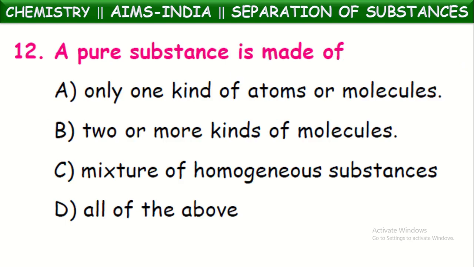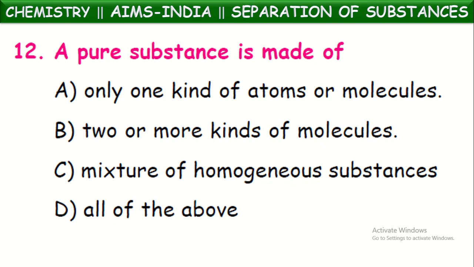See the next one. A pure substance is made of what? With only one kind of atoms or molecules. If it is an element, it will contain only one kind of atoms. For example, oxygen, only oxygen atoms will be seen in that.